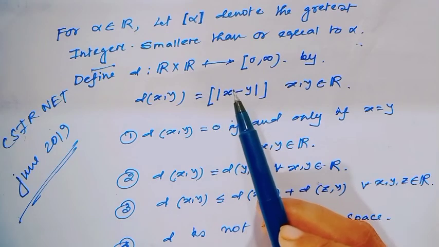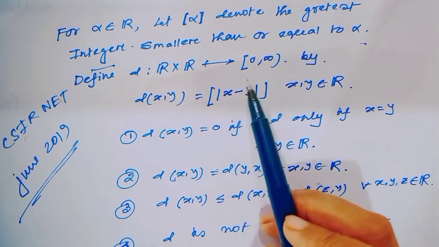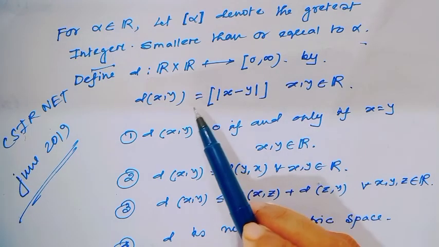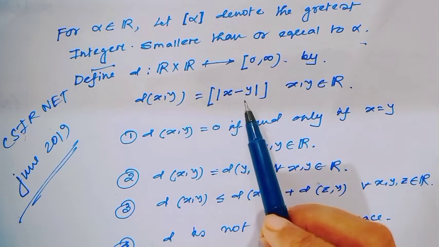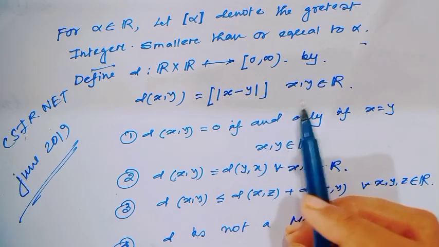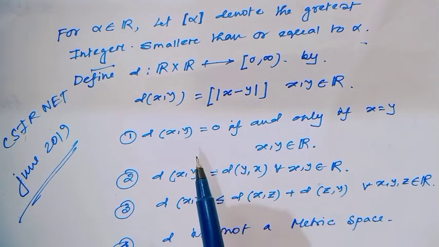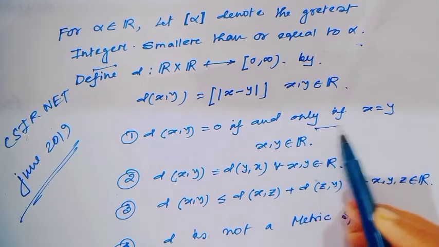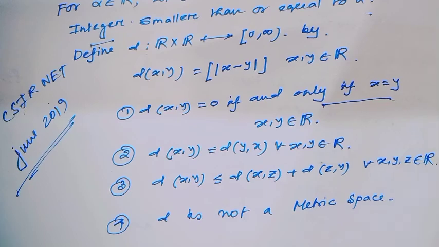Here the metric is defined as D from R cross R to closed 0 open infinity by D of xy equal to box of absolute value of x minus y where xy belongs to R. Option 1, D of xy equal to 0 if and only if x equal to y. First think on your own. This is a very easy type of question.